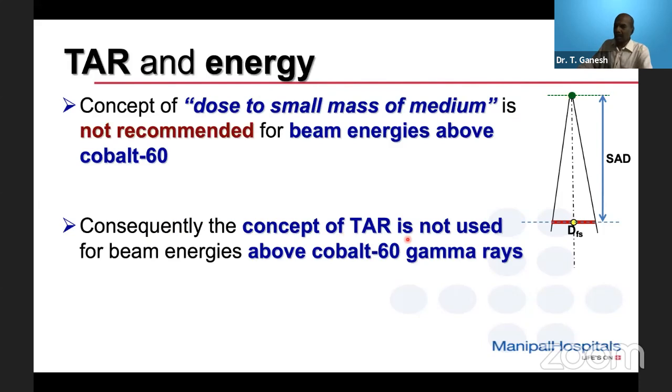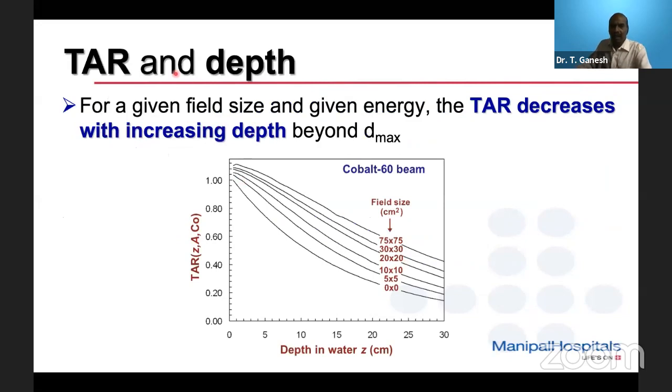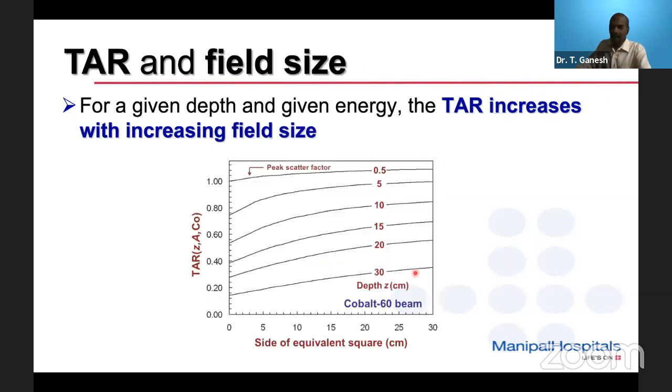Consequently, the concept of TAR is not used for beam energies above cobalt 60 gamma rays. TAR and depth: as the depth increases, TAR will decrease, just like we had seen with percentage depth dose. As the depth increases beyond D max, the TAR also will decrease.